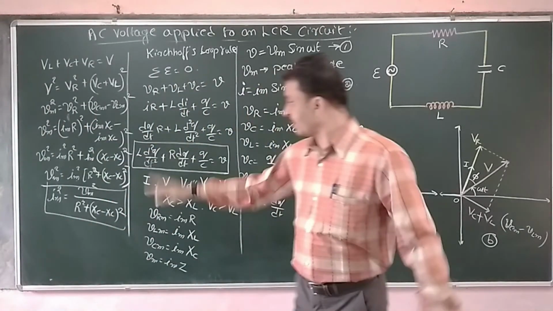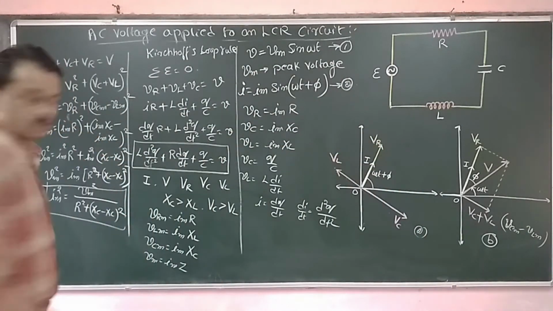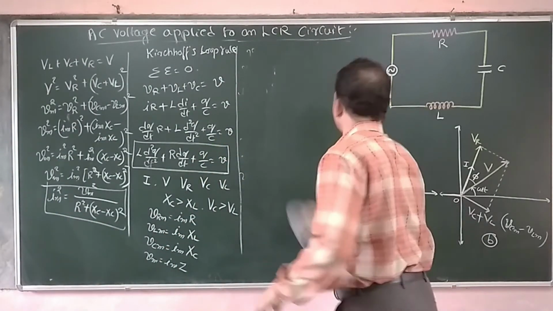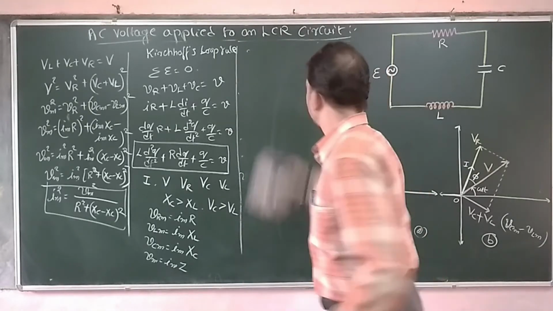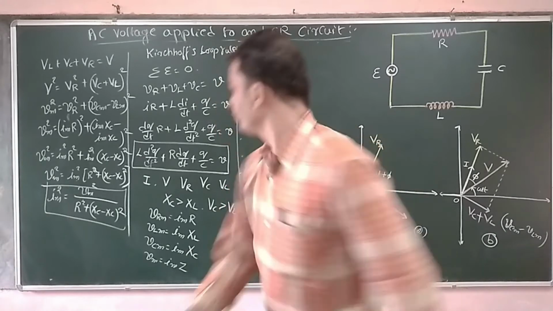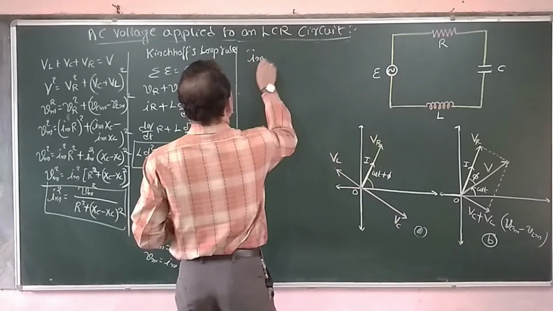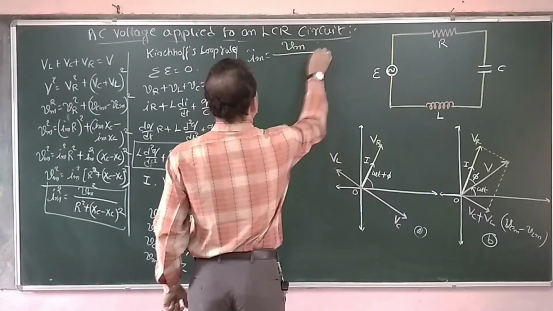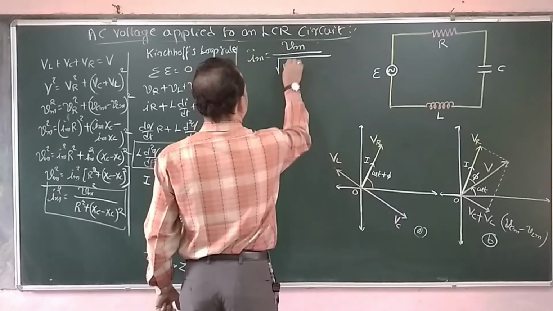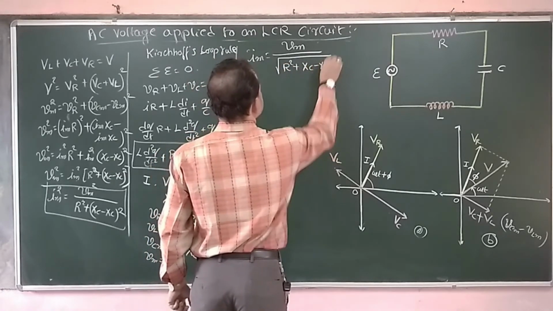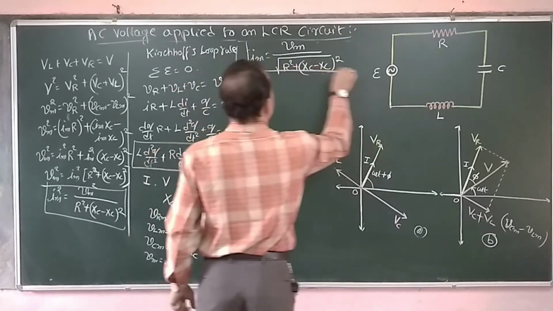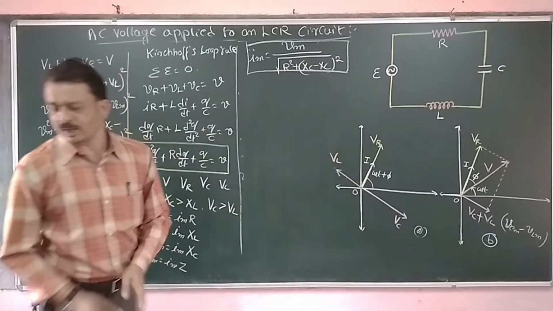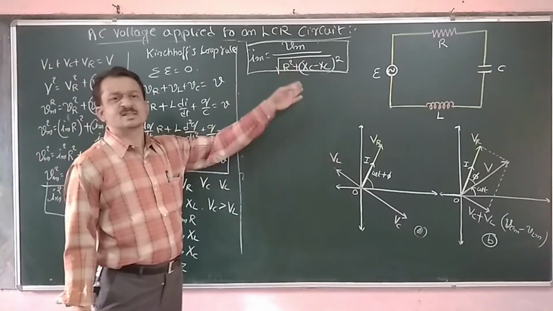Therefore the peak value of the current, maximum current Im, is equal to Vm divided by the square root of R square plus Xc minus XL whole square. That is the expression for the amplitude of the current, the peak value of current flowing through the LCR circuit.